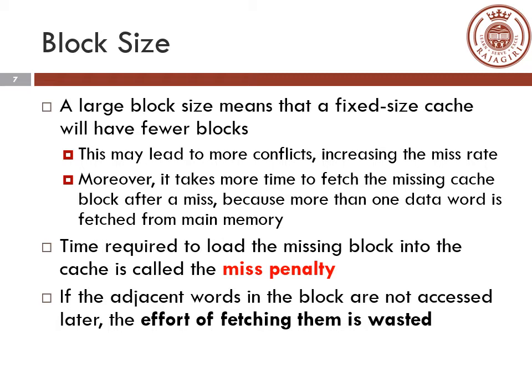But if the block size is large, suppose the block size is 4, meaning a particular block has 4 words, you need to load all the 4 words from the memory to the cache. So this will consume more time compared to the previous one. That is another disadvantage. The time required to load the missing block into the cache is known as the miss penalty, and this miss penalty will be more in the case of large block size methods.